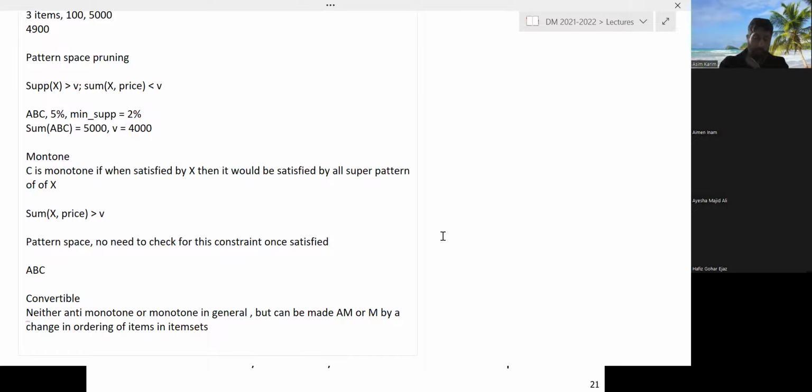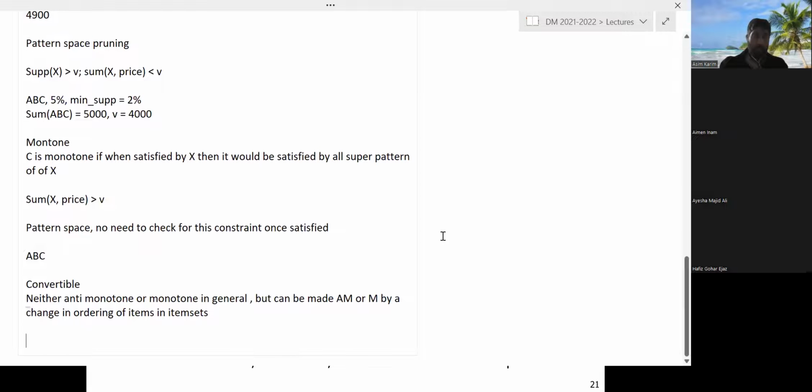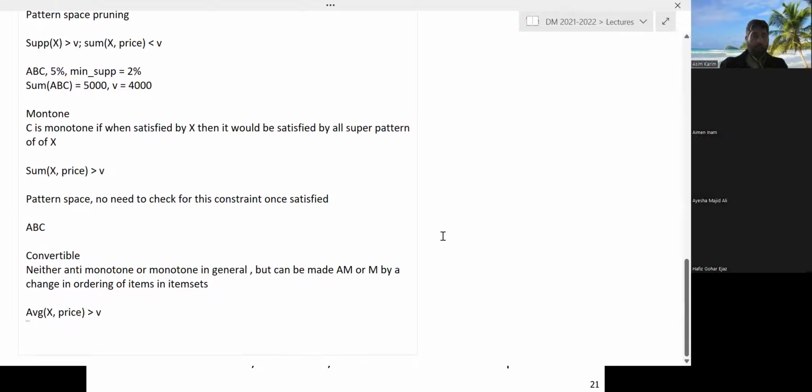So the typical example here is the average constraint. Average of, let's say, some item set prices is greater than V. V, of course, is a scalar value. Okay? So average of the items in the set X should be greater than V. So let's say I take 3 items, 10, 15, and let's say 20.